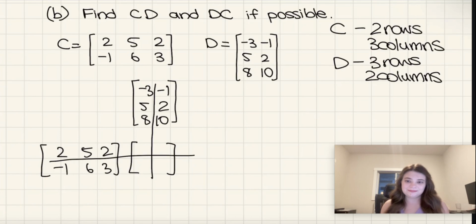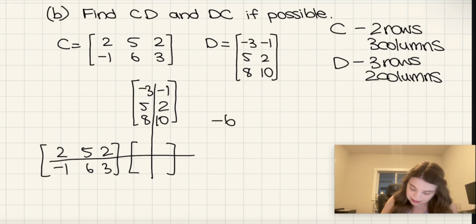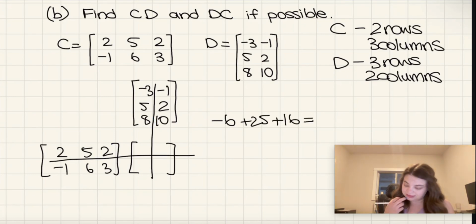First we need to do 2 times negative 3, which is negative 6, and then 5 times 5, which is 25, and then 8 times 2, which is 16. If we add all those numbers together, we get 35.